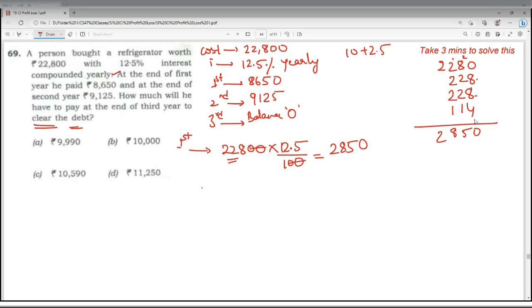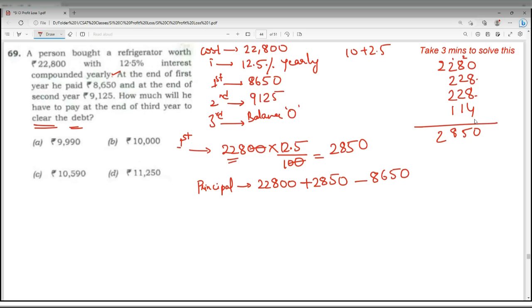The balance remaining after 1 year is 22,800 plus 2850, the interest. This is the outstanding balance after 1 year, and he paid 8650.